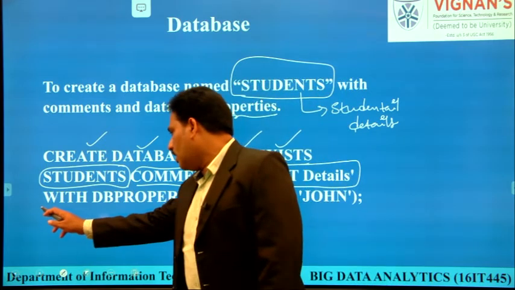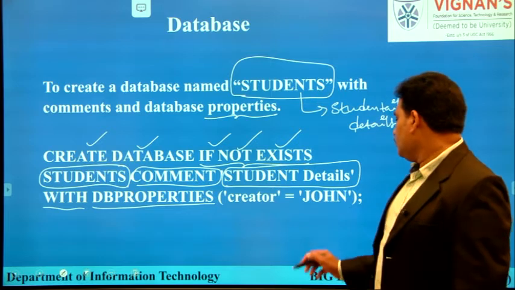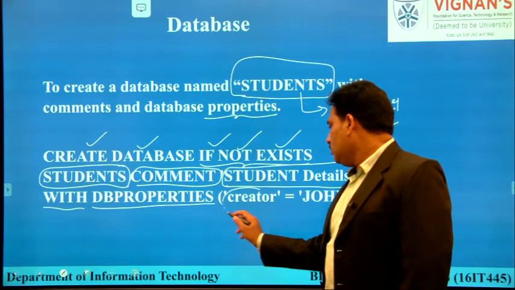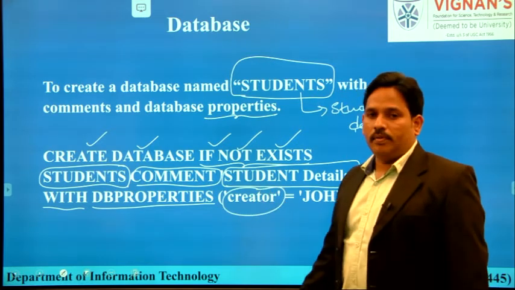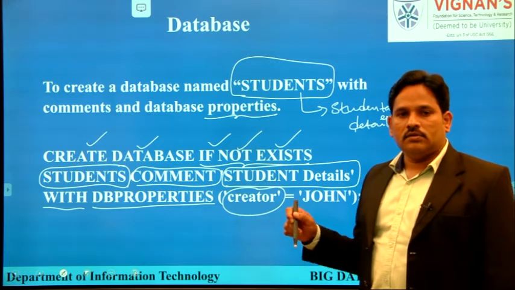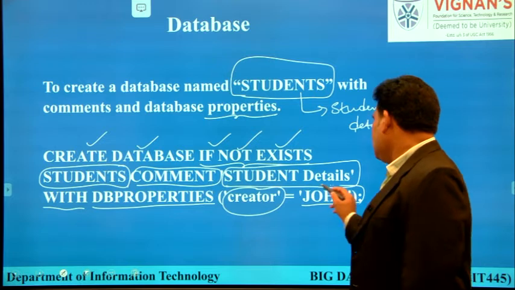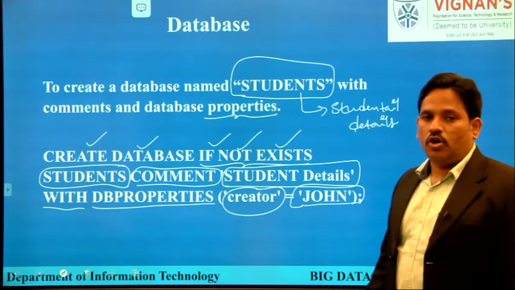So we can use the keyword called with DBPROPERTIES. What is the property? Creator. That means in this database we can create some more tables. The creator is John.